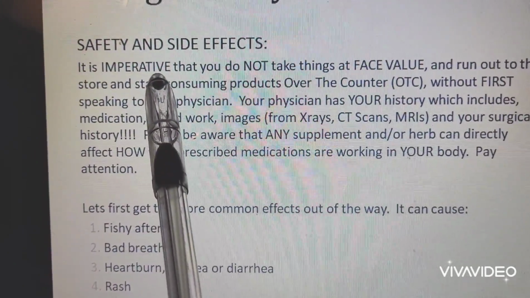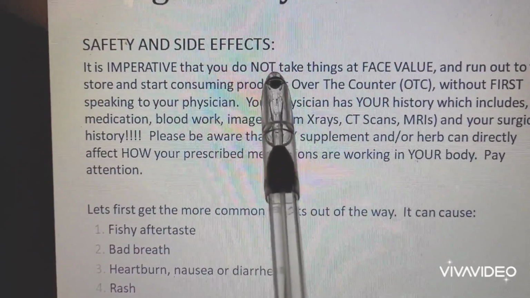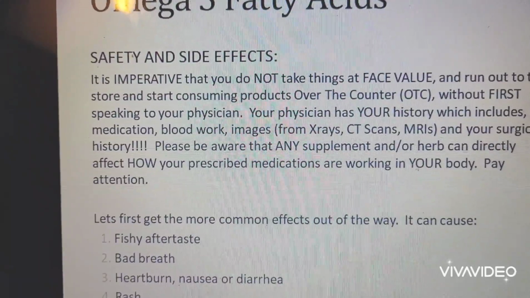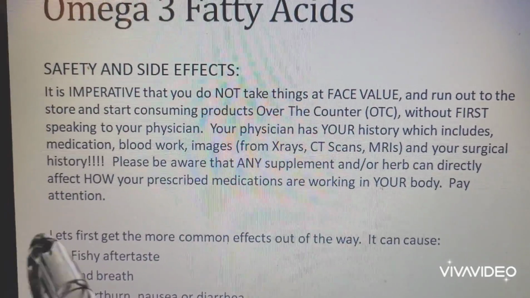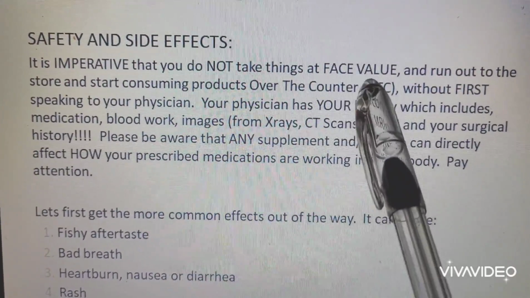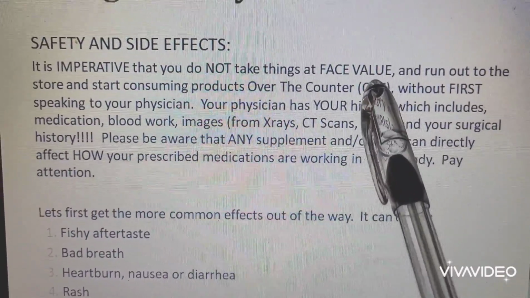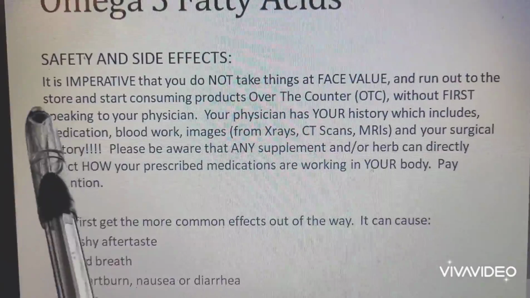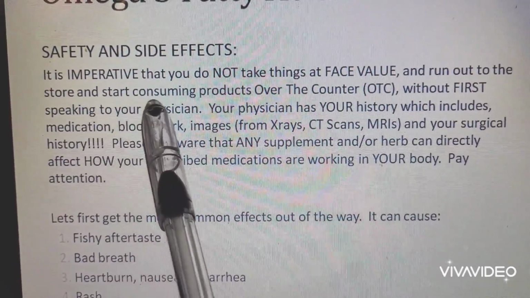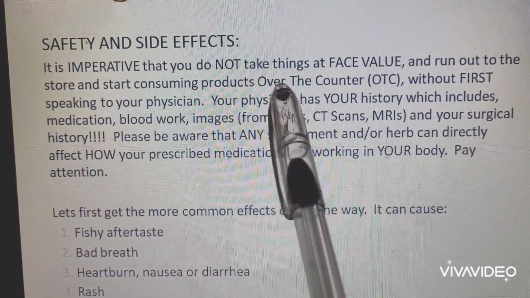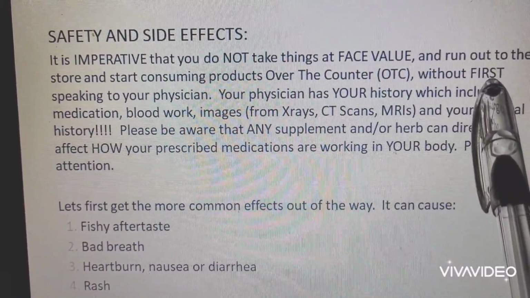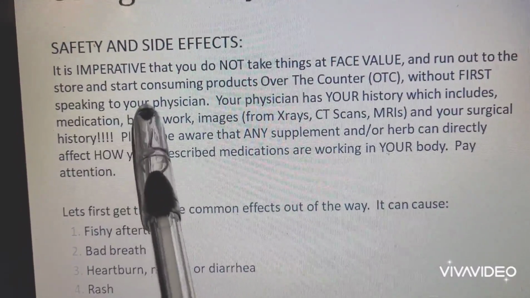These are my words, that you do not take things at face value, which can also be this video. Okay? And run out to the store and start consuming products over the counter without what? First, speaking to your physician.